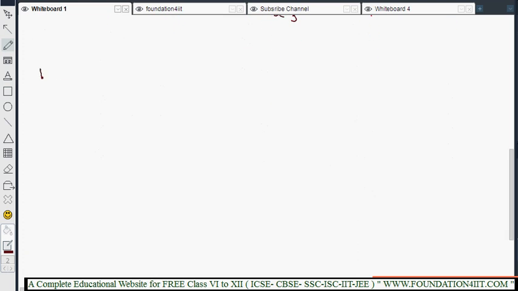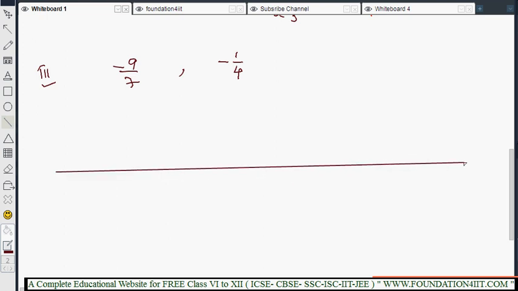So let us take, if it is negative, for example, minus 9 by 7 or minus 1 by 4. Now these are the numbers I need to represent on the number line. So make a number line. Since both are negatives, I am taking the negative side a little longer.